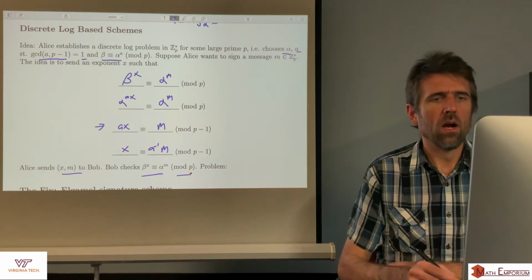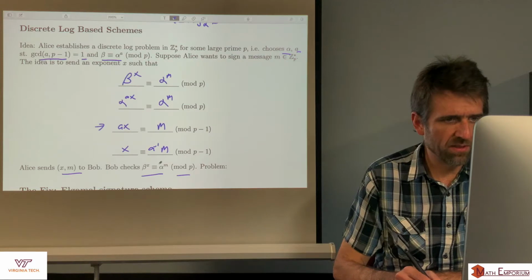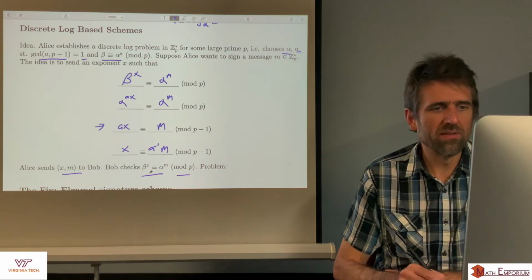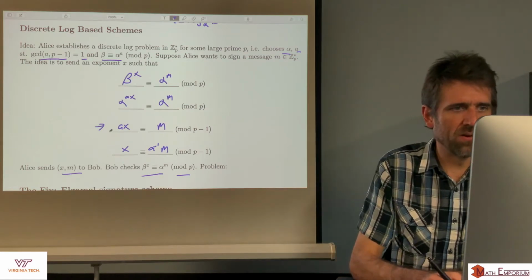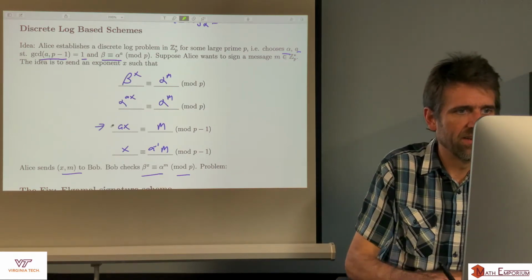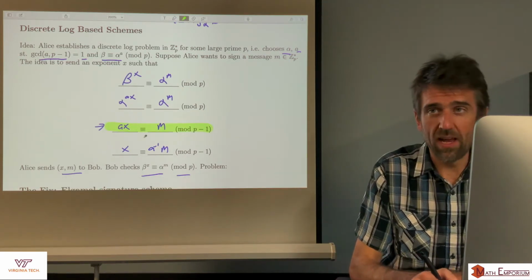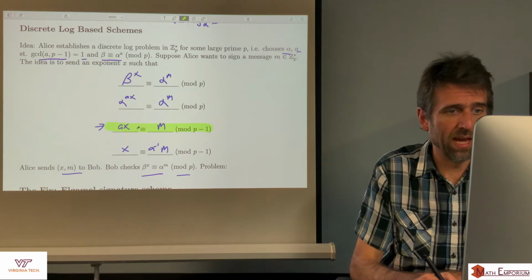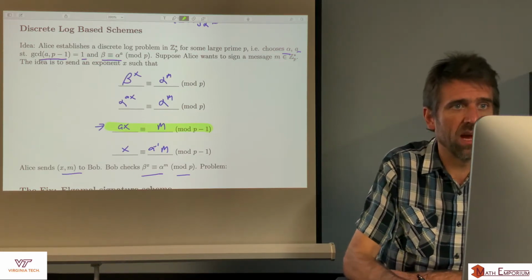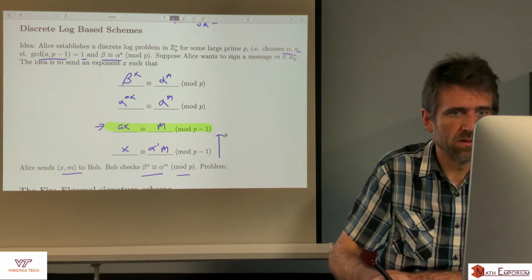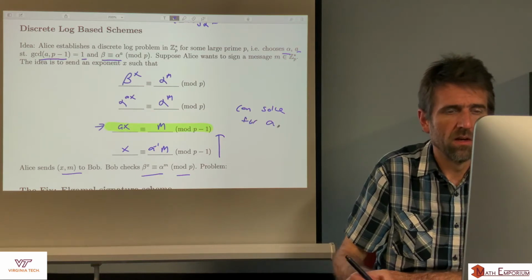All right. However, there's a big issue with the scheme. The issue is that once this verification checks out, Bob knows that this congruence here must hold. Knowing this congruence amounts to being able to solve for a.